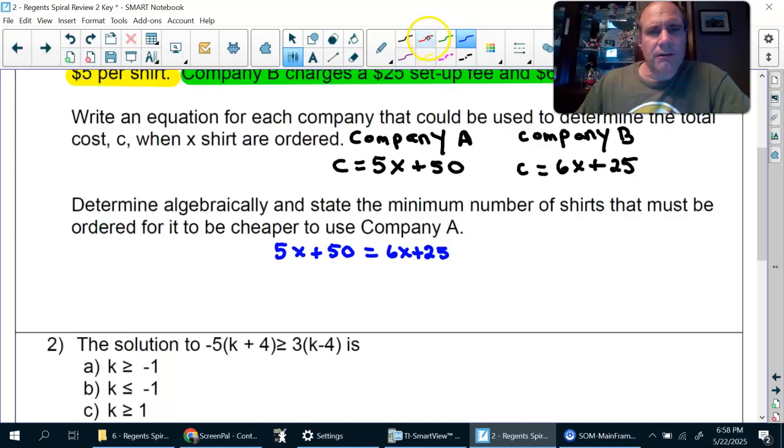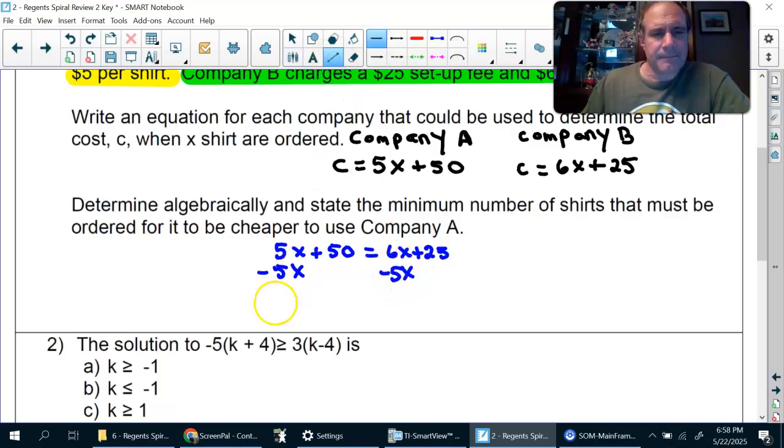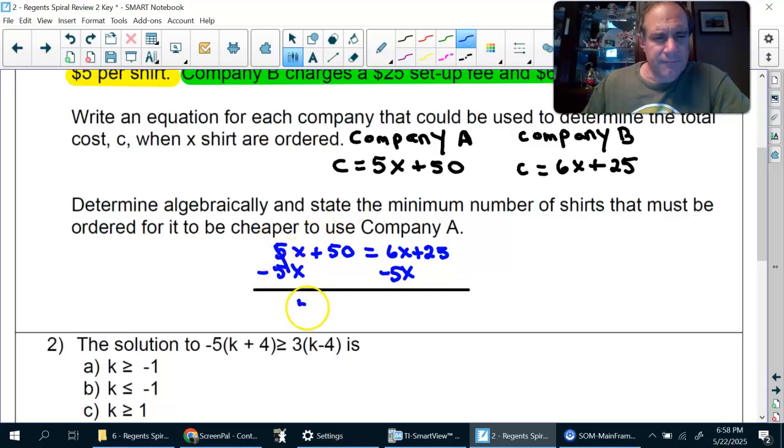Then we subtract the 5x on both sides. This cancels, and you have 50 equals x plus 25.